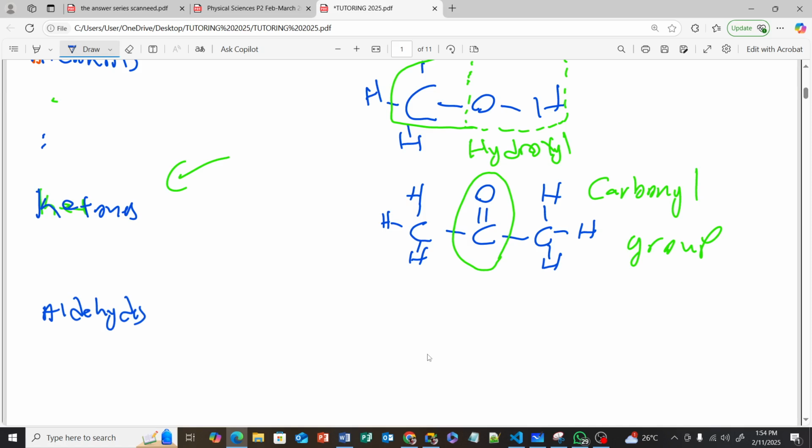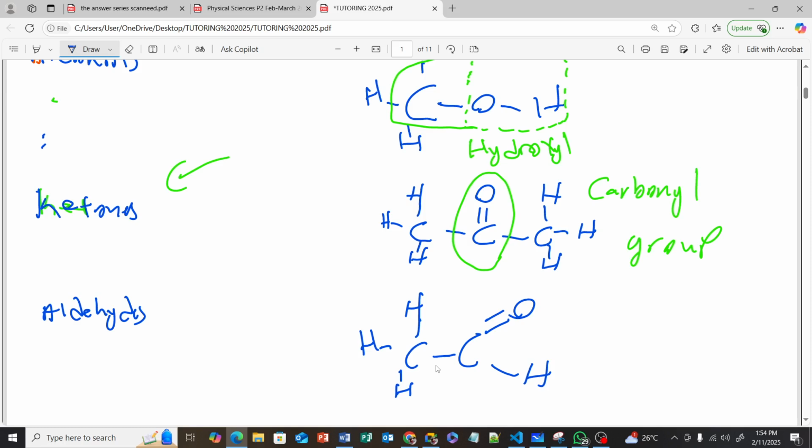So aldehydes look like a ketone, but the difference is that the functional group is at the end of the molecule. Aldehydes can have 1 carbon, nothing stops them, and they can have 2. So I'm going to draw the one with 2. So this is an aldehyde.